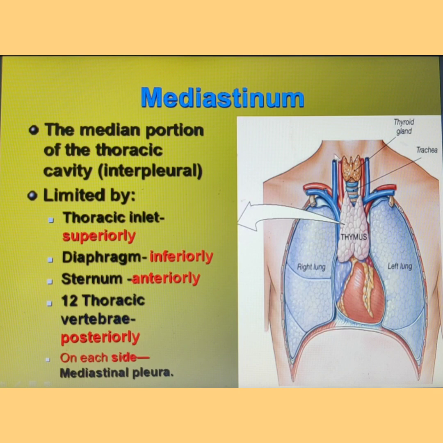Mediastinum superiorly, as you can see in this picture, is bounded by the thoracic inlet. Inferiorly, it is limited by the diaphragm. Anteriorly, by the sternum, and posteriorly by 12 thoracic vertebrae. On each side, the mediastinum is bounded by mediastinal pleura, right?